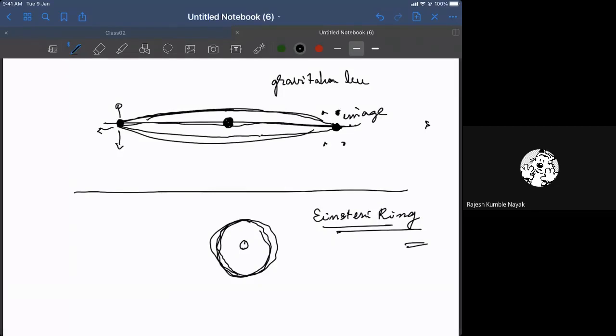When they are aligned perfectly, then you would get Einstein's ring. So all these are considered as a test to the general theory of relativity, and this theory has passed this test in bright colors, and that is why it is called one of the most successful theories of gravity.